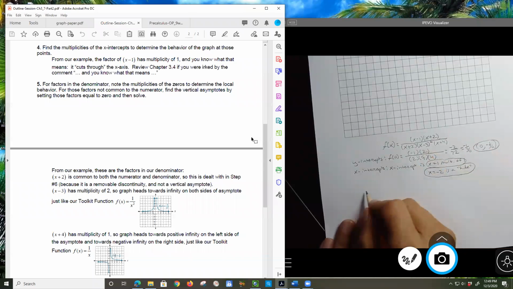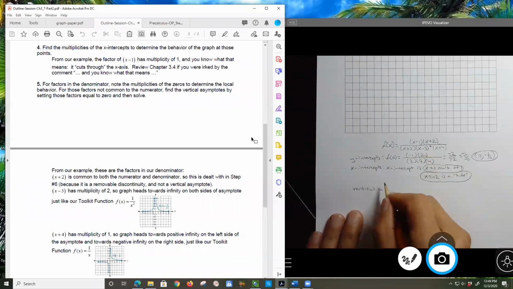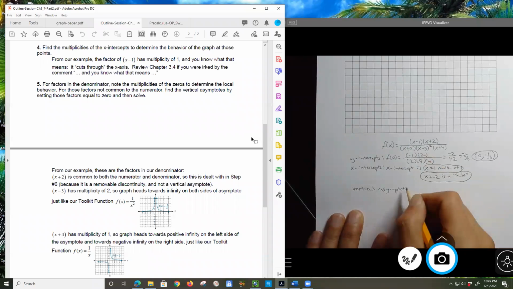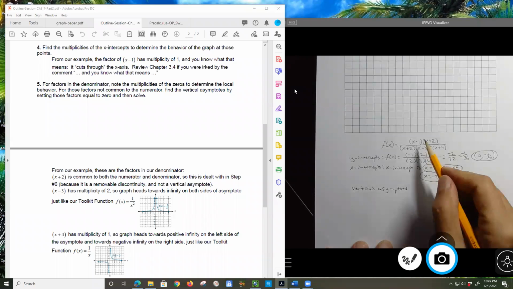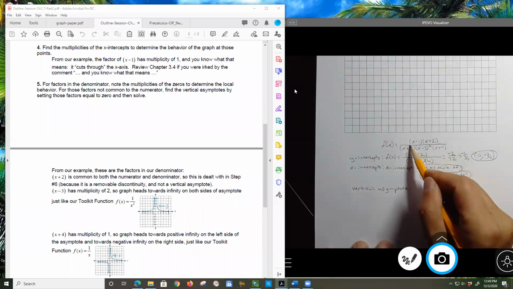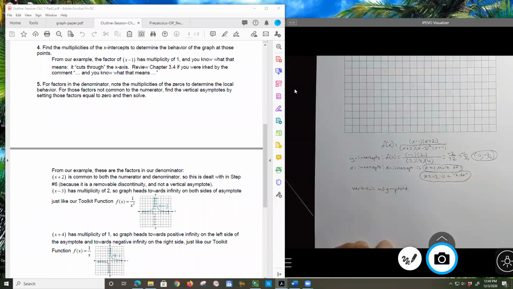Now, so I'm going to have a vertical asymptote. Oh, I just noticed, I got a comment. Someone asked, how do you know minus 2 is a hole? Maybe I answered this after yesterday, but notice that this is divided by that. Whenever you have the same thing up here as down there, that's what makes a hole.